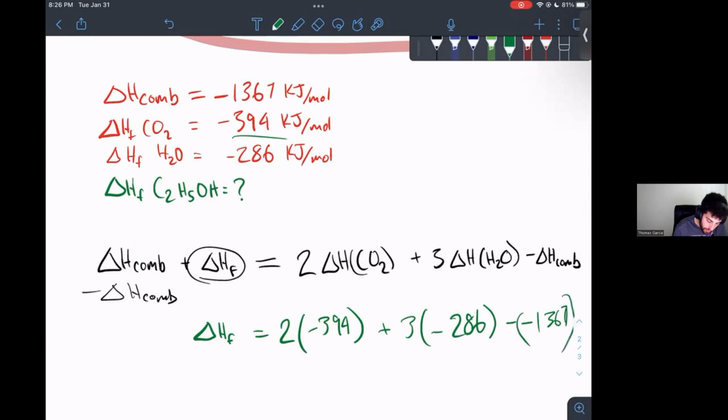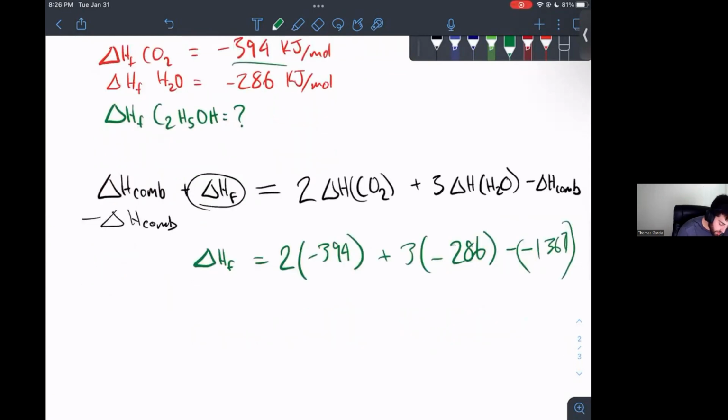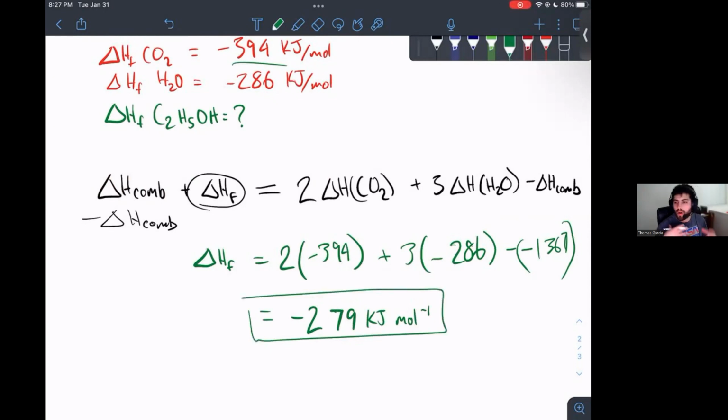Now, with that all said and done, all I have to do is do the math, and I can find out that our delta H of formation is negative 279 kilojoules mole inverse.